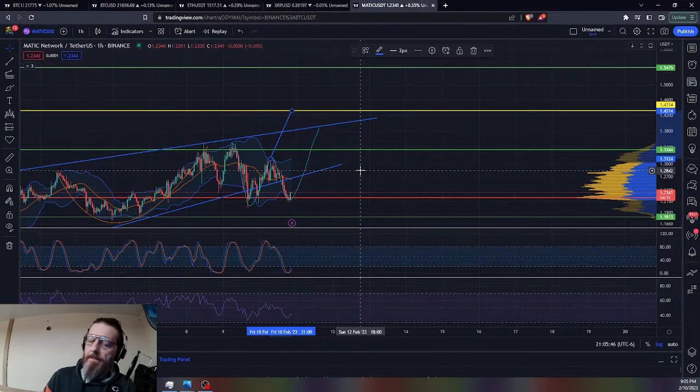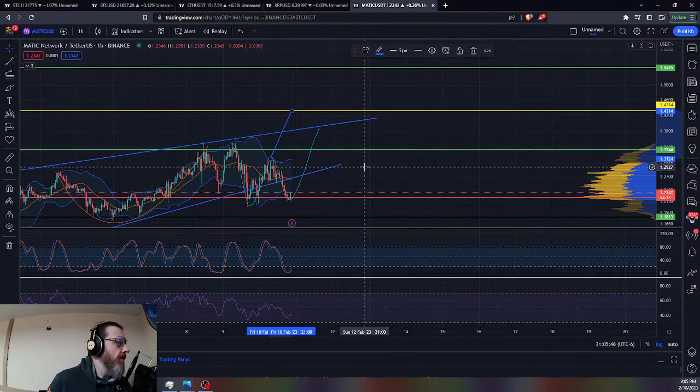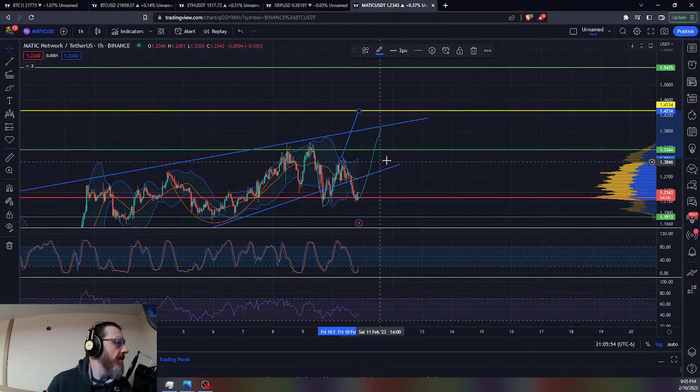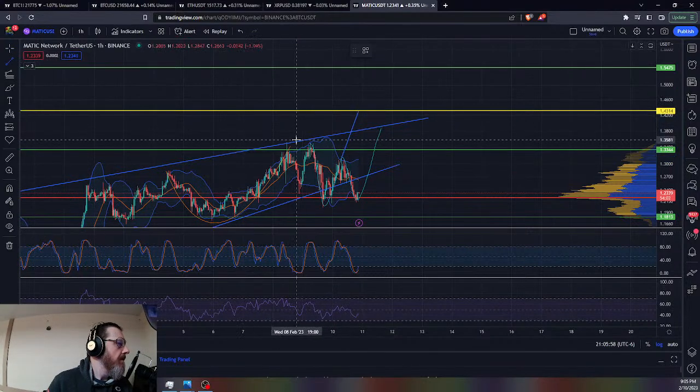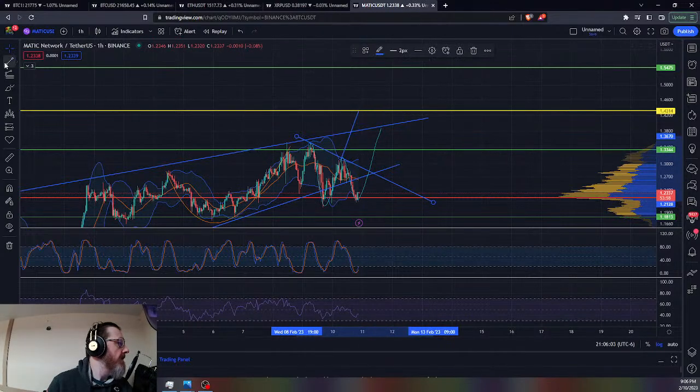So Matic right now could look a lot worse, folks. It could look a lot worse. So just keep in mind that resistance line right there.